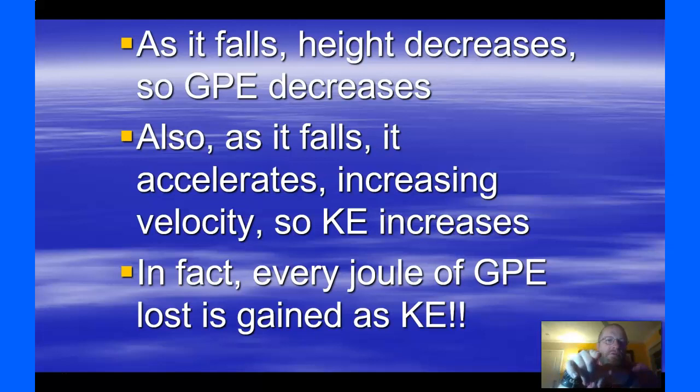But you also know when something is falling, it's accelerating, which means its velocity is getting faster. The kinetic energy equation, 1/2 times m times v squared, has velocity in it. So if the velocity is increasing, kinetic energy is increasing. In fact, and this is the point I need you to drill into your heads, as an object falls, every single joule of gravitational potential energy it loses turns into kinetic energy.